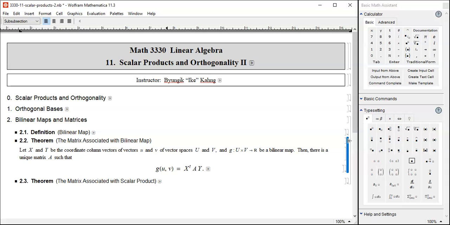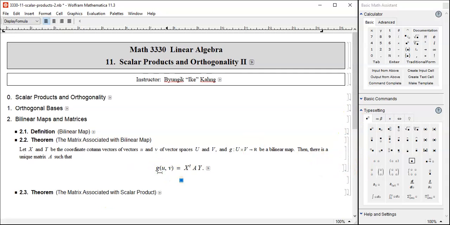If we have a bilinear map, it has a unique matrix associated to it, and the matrix computation that corresponds to the bilinear map is like this: X transpose A times Y, where X and Y are coordinate column vectors. So this is a row vector, and then this is an m by n matrix, and this is a column vector.